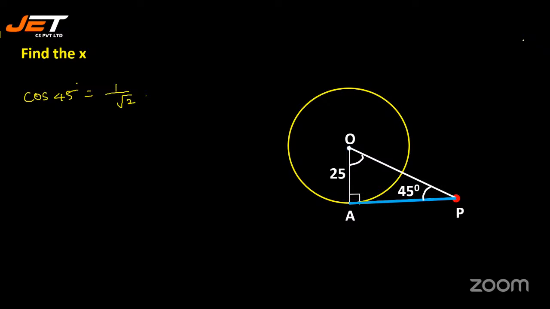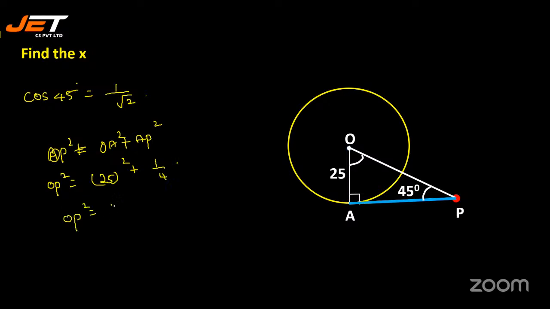So here we will have to find out AP square, isn't it? So OP square is equal to OA square plus AP square. So OP square is equal to OA square is 25 the whole square plus 1 by 4, right?